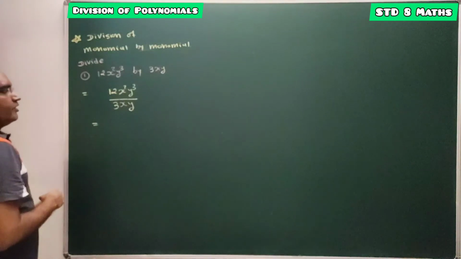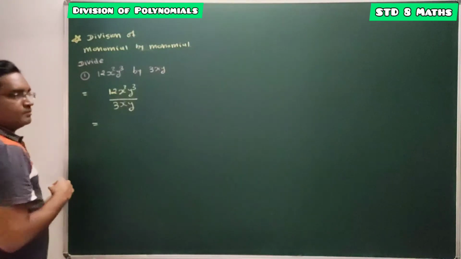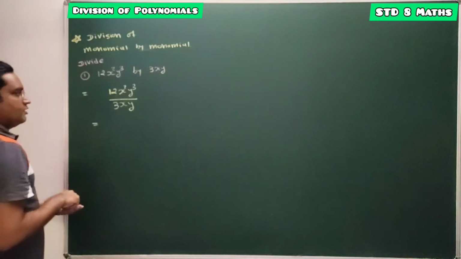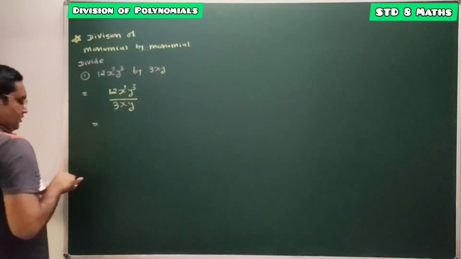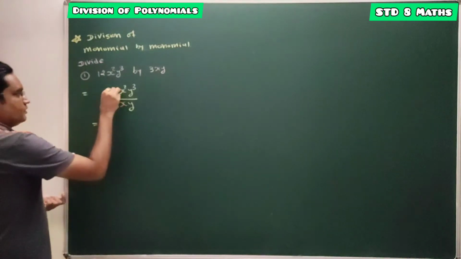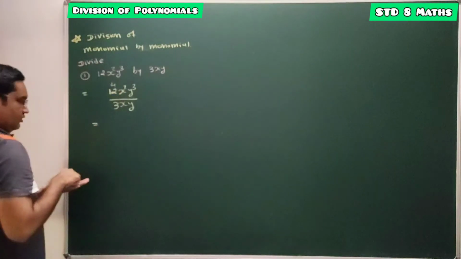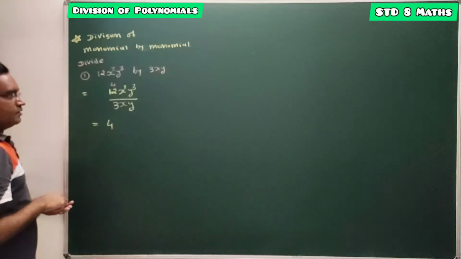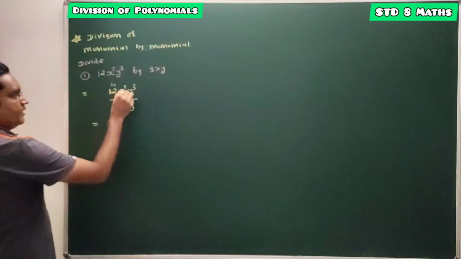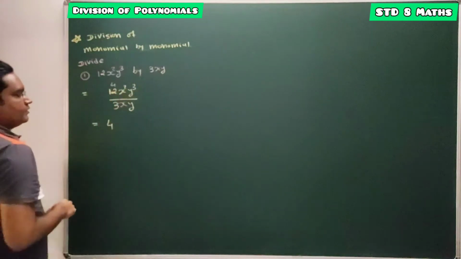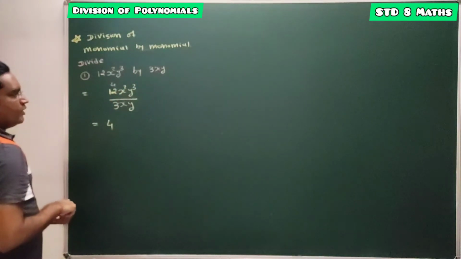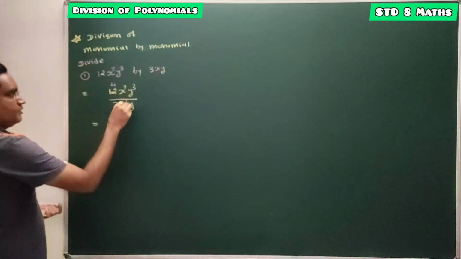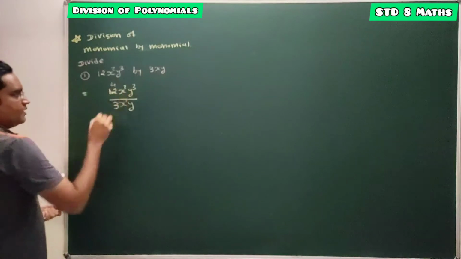So here first you have to consider the coefficient of the terms, that is the constant part. So you have to divide that constant part, that is 12 by 3. So 3 4s are 12. Then you have to consider the variable parts. Here variables are x square y cube upon xy. If you consider x square by x, these two terms are in division, they are in power form and their bases are equal.